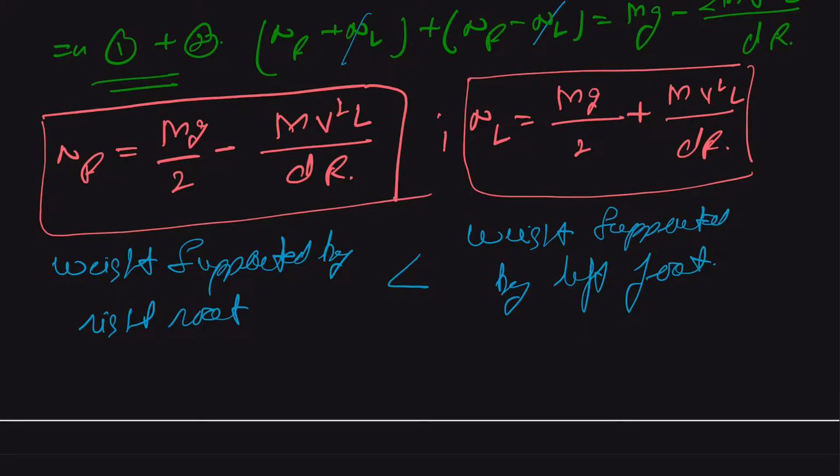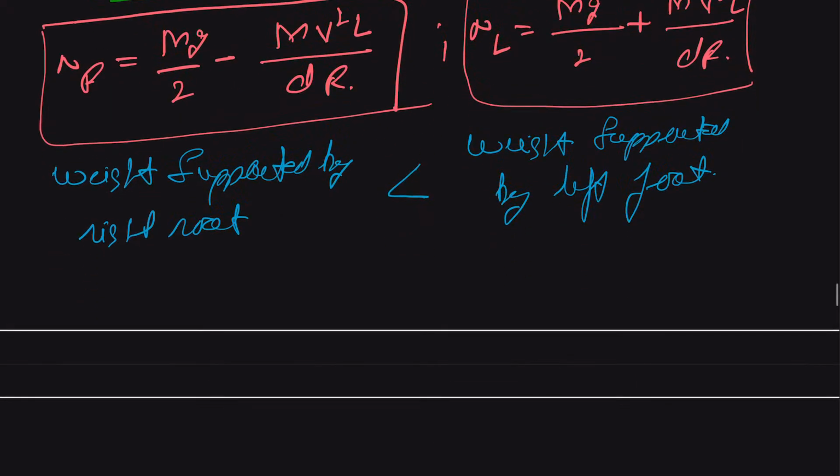Now if we say that the man is facing opposite to the direction of the motion, in this case we also have to remember that the right foot is closer to the center and the left foot is further from the center.